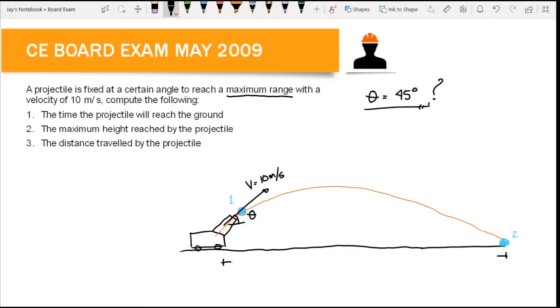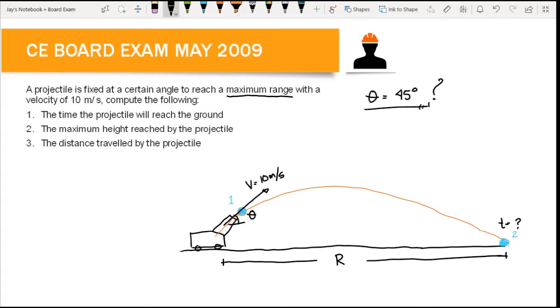So this would be our range R. And of course, at the final point, we would also have the value of the time when the object hits the ground. That would be the first question of this problem.